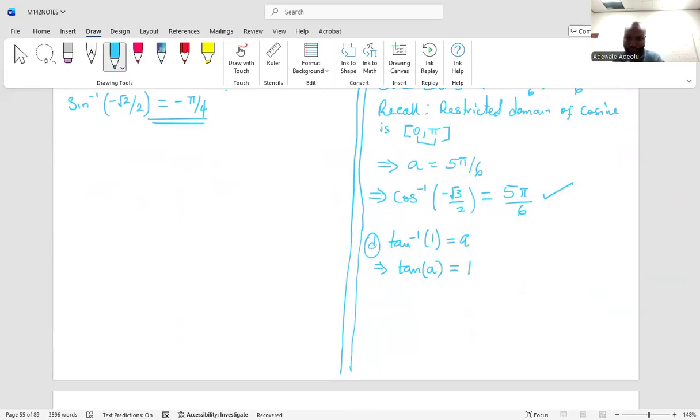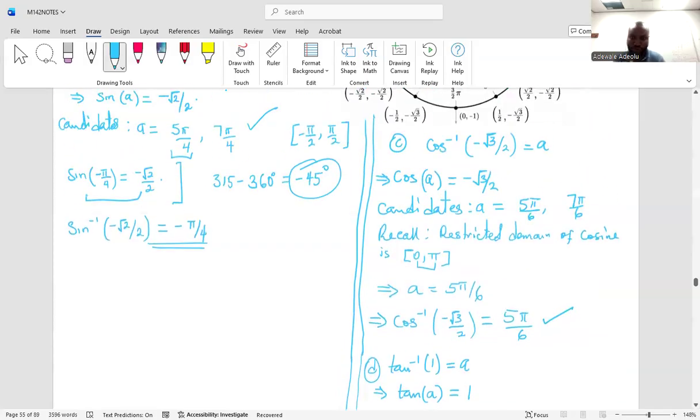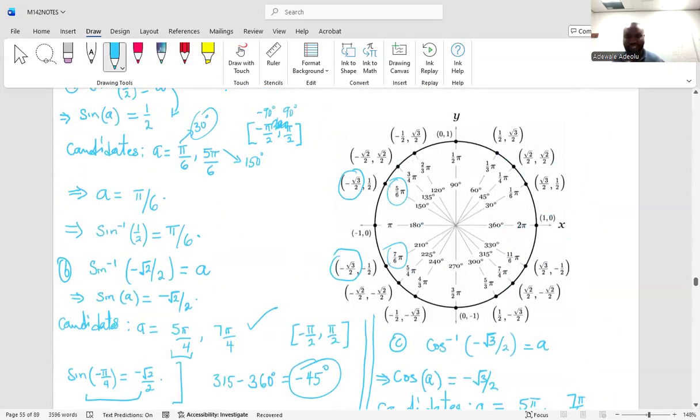And if we go to the unit circle, we do not have tangents directly on the unit circle. However, we can smartly talk about tangent because tangent is sine divided by cosine. And you know that if we divide sine by cosine here, it is going to be 1.